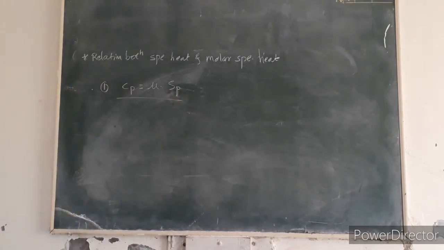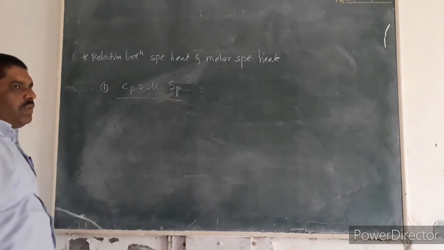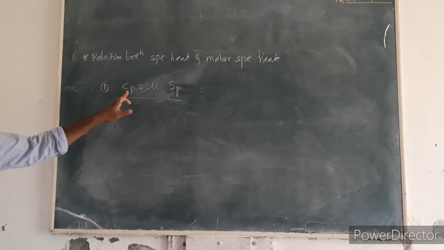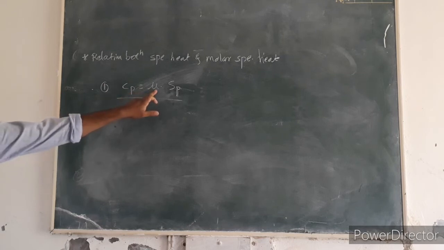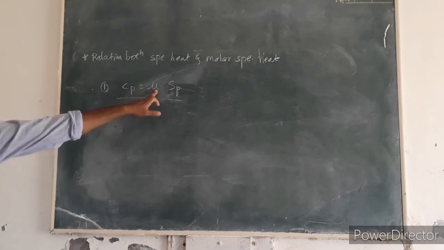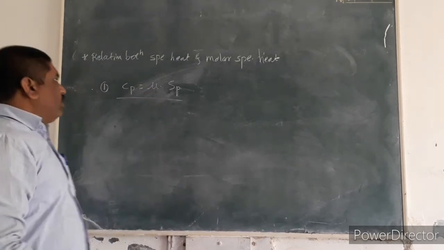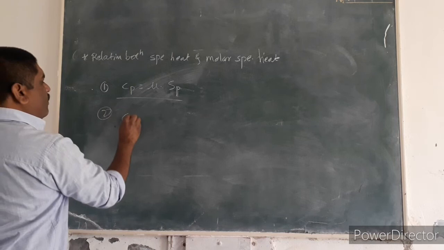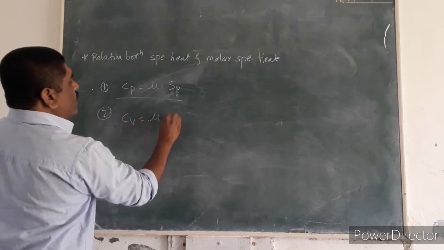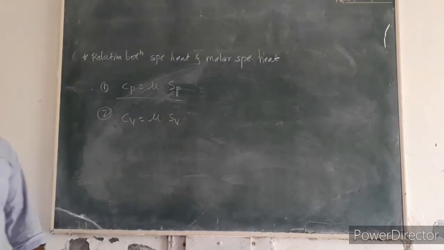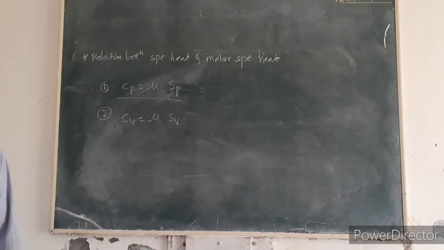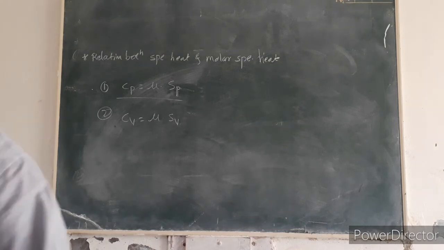Cp is equal to mu into Sp, where Sp is specific heat capacity, Cp means molar specific heat, and this mu is the molecular weight of gas. And another, Cv is equal to mu into Sv. This is the other relation between specific heat capacity and molar specific heat capacity.